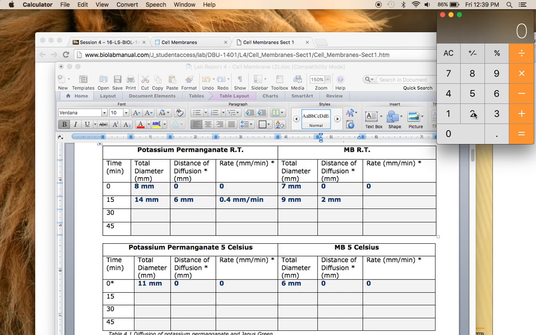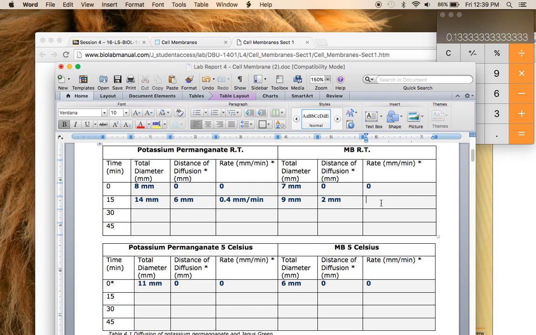So our rate is the difference, which is 2, divided by the time, which is 15. So divided by 15 gives you 0.13 millimeters per minute. All right, moving on.